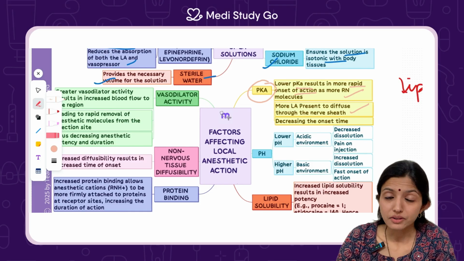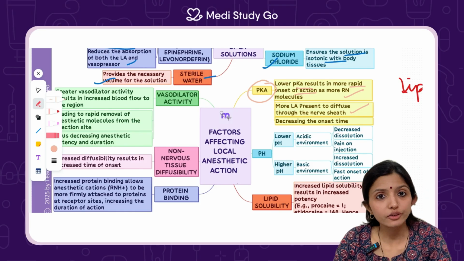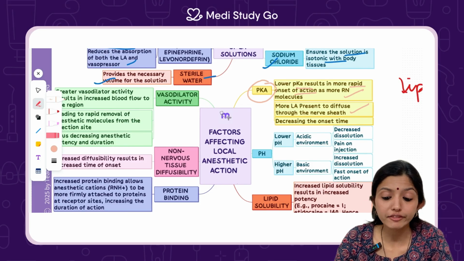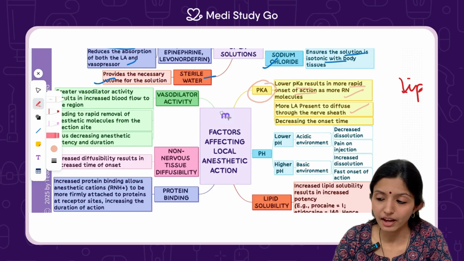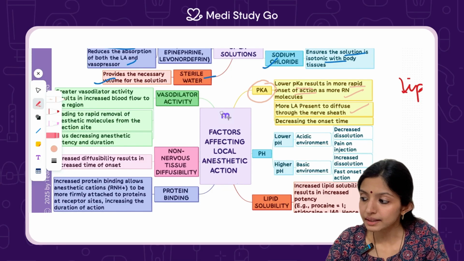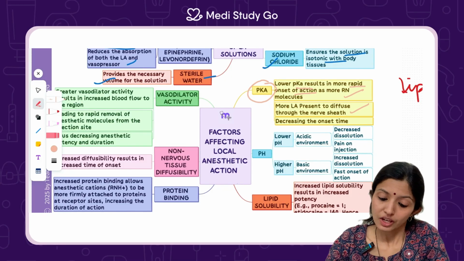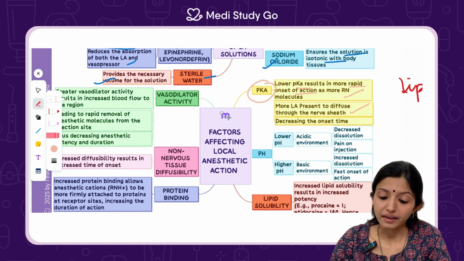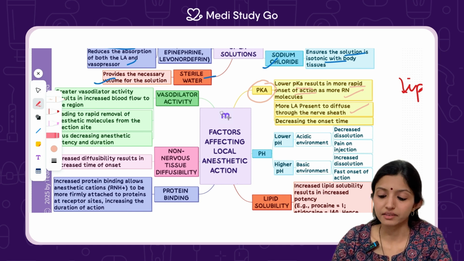So, a local anesthetic having shorter duration of onset will definitely have a lower pKa value. On the other hand, pH is another important factor which will decide the duration and the onset of action of your local anesthetic.